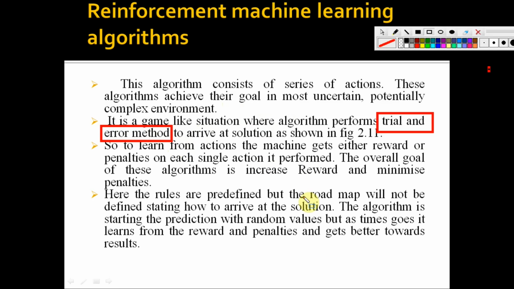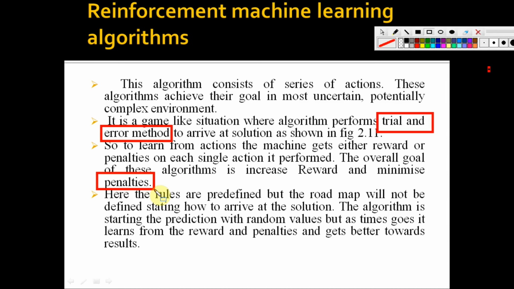To learn from actions, the machine gets either rewards or penalties on each single action it performs. The overall goal of this algorithm is to increase reward and minimize the penalties. Whenever it does the wrong thing, a penalty will be given, and whenever it does the right thing, a reward will be given.